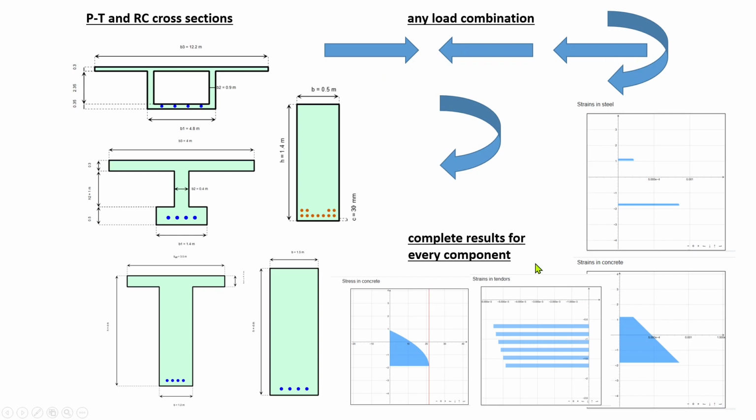All of those cases will be dealt with no problem in this module, and we can introduce the reinforcement and also post tensioning into the cross section. So prestressing tendons are also available in this module, and as a result, we are getting the total and full feedback about the stress and strain levels of each and every one of the components of the cross sections.